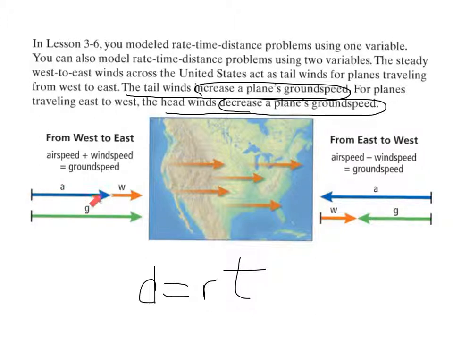You take how fast you're going plus the wind. Think of it this way: if the plane's going 50 miles an hour and the wind's 5 miles an hour and you're going with it, it increases you by 5. So you take 50, which is what your plane is going, plus the 5, which is what the wind is going. That's 55 miles an hour. But if you're going against it, you subtract it. So you'd actually be going 45 miles an hour.